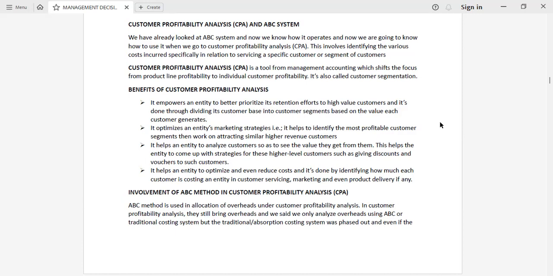So if customers keep on buying goods and services, and we don't even give them discounts or reward their loyalty, we may end up losing the customers to our competitors. If it is the CPA that is bringing in more revenue and you don't put more focus on it, it means the students who have been coming will reduce in numbers.